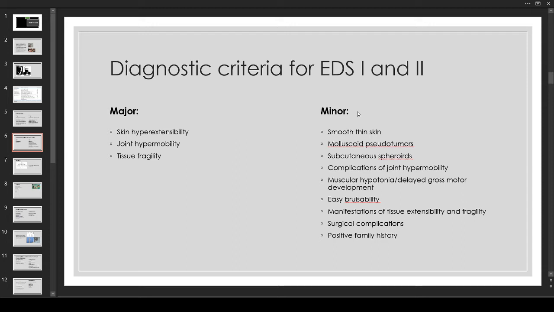In surgical complications, it's not so rare, and it's not so uncommon in this kind of disease, because there are two types of scenarios that you're going to see in going through the treatment in the surgery later on. And positive family history, it's not a major diagnostic criterion because you can acquire it during your lifetime, but still it is a minor one because it's always going to give you a head start if you know what you're looking for.